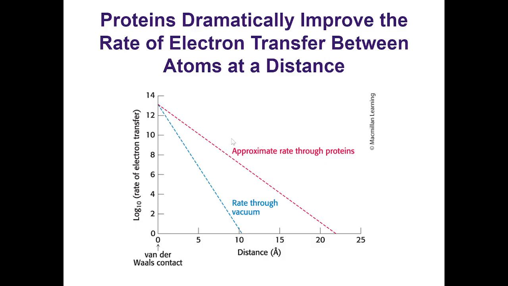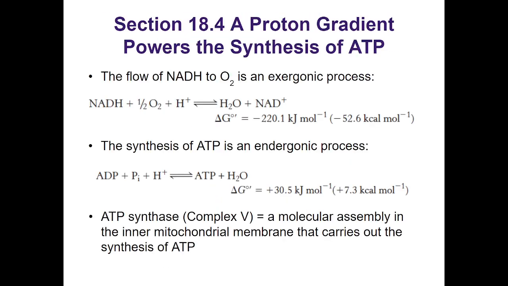Yeah. So we about double the distance that you can cover at the same rate at any given time. Okay. Notice again, though, that at the van der Waals contact points, if we're at that short a distance, that electron transfer is incredibly fast. Protein is not going to do anything. You won't have room for a protein anyways.